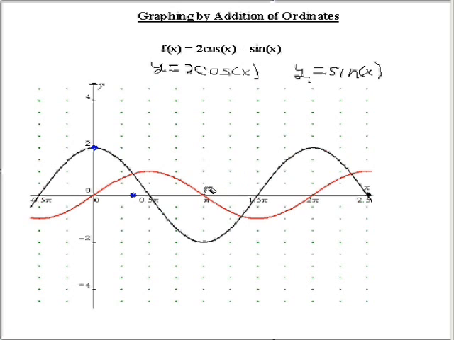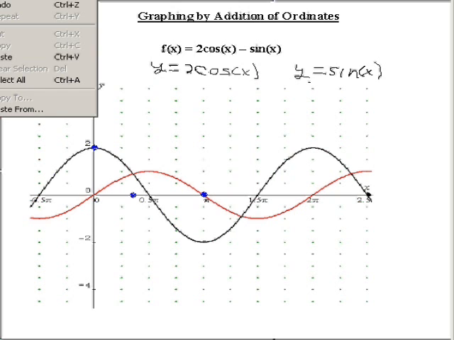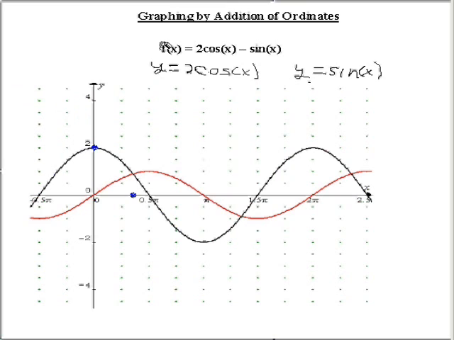Right here we have a y-coordinate for the sine of 0, so we'll be taking, in this case, the negative 2 from the cosine, and subtracting 0.